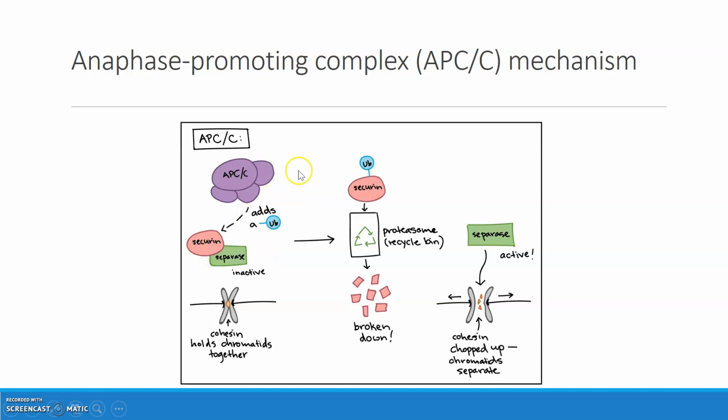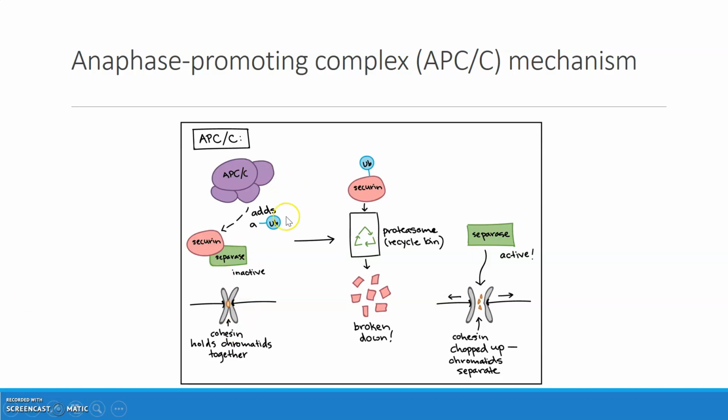And so what APC/C does to promote anaphase is to ubiquitinate, or add a ubiquitin to securin. And whenever you add a ubiquitin molecule to something, it basically targets it for degradation at the proteasome, or it basically targets it to be destroyed and broken down.